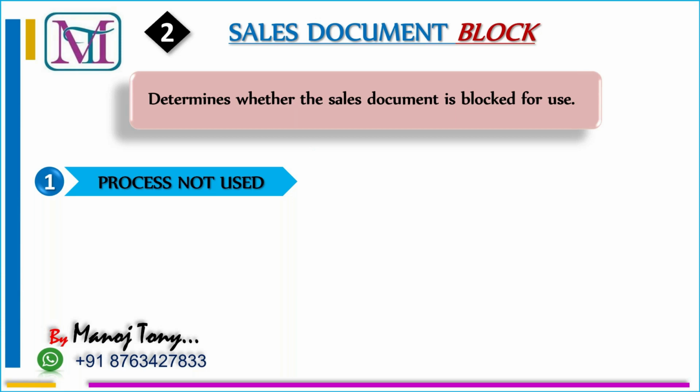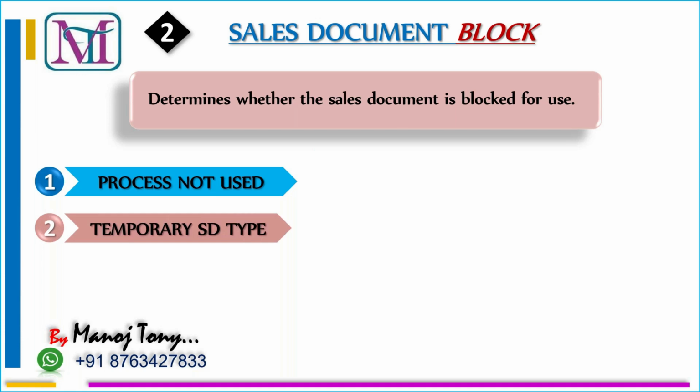For debonding sales, suppose sales document type is ZORD, ZTRD, and client requirement is now this process is not in use. System should not allow to create sales document for that sales document type. Then we have to use sales document block. So in real time, if any process is not in use, then we block that sales document type.